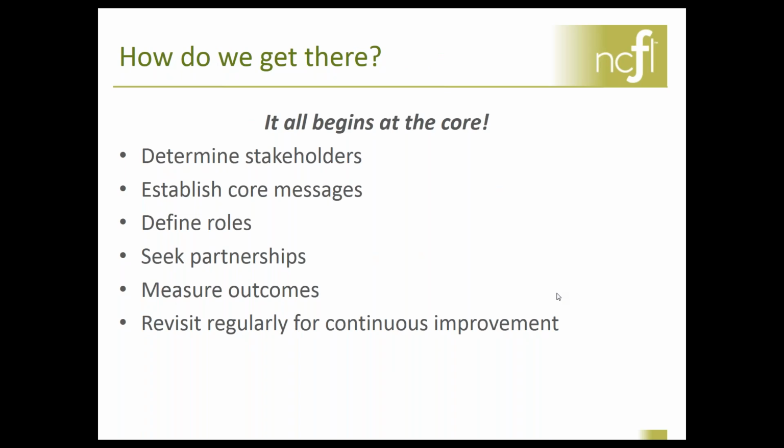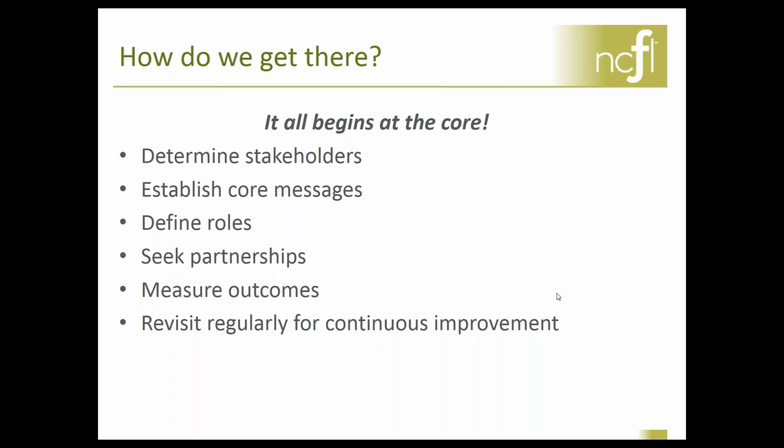So who is part of that recipe? You have to determine your stakeholders within the community. And so that could be your local business association, that could be the YMCA, that could be the school board. Again, it depends on where your program is, but really thinking about who needs to know about your program in the community and what core message do you want to send those stakeholders about what your program does for the community.